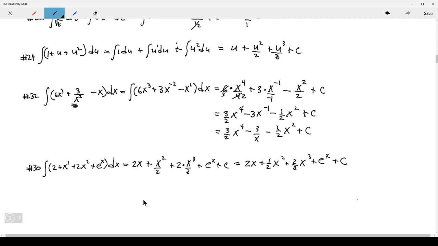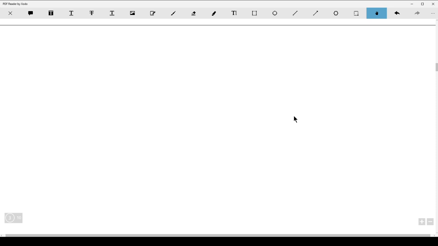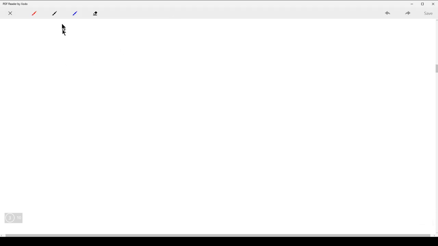Now, what if you don't have power functions? There's a couple of different ways you could not have power functions. Let me get to a new page here. One of those is if you have notation like a square root or cube root or something like that. We've already seen what to do with that.